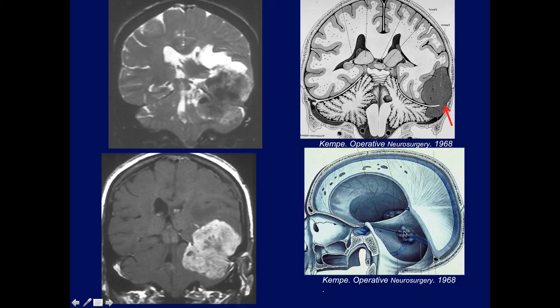Here's the infratentorial component, above is the supratentorial, and you can see how large this is on the coronal. So again, kind of encasing the lateral aspect of the tentorium, eroding it.